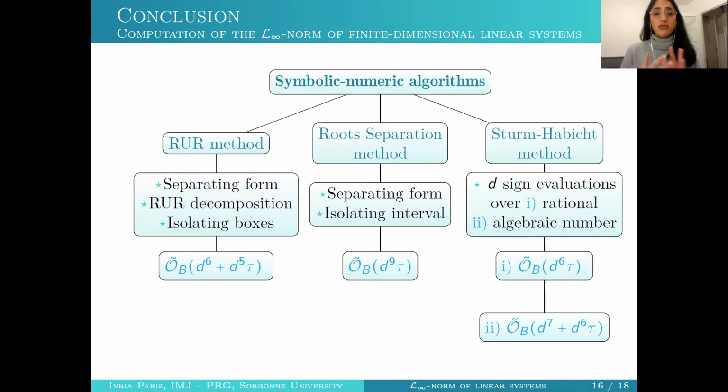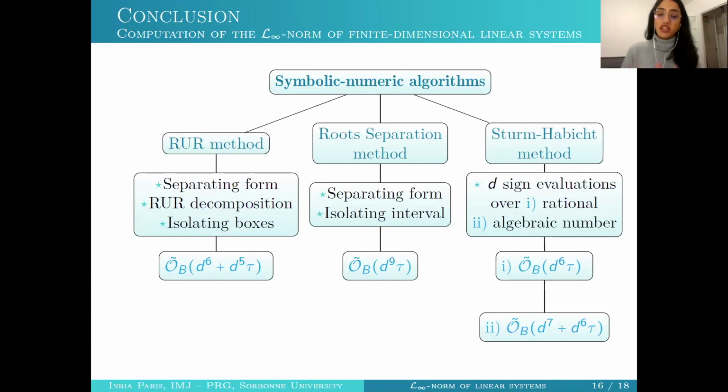So finally, for our conclusion, we considered three symbolic numeric algorithms for the computation of the L-infinity norm of a matrix valued function G. The first one is the Ruhr method, which consists of a separating form, then a Ruhr decomposition, and finally isolating boxes for the solutions, and its complexity is in the D6 plus the D5 tau.